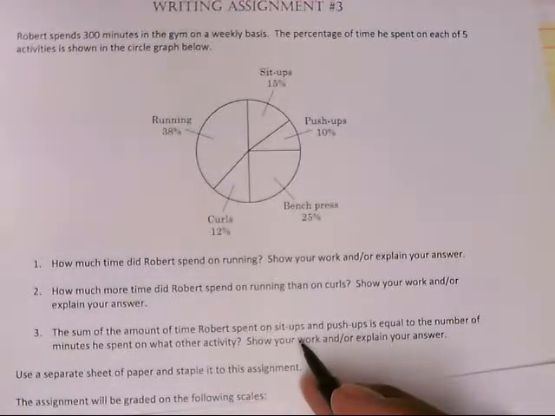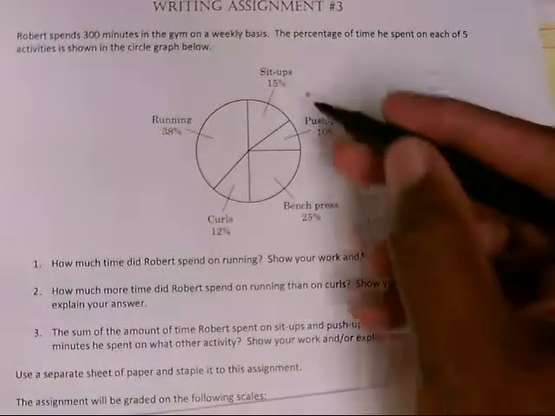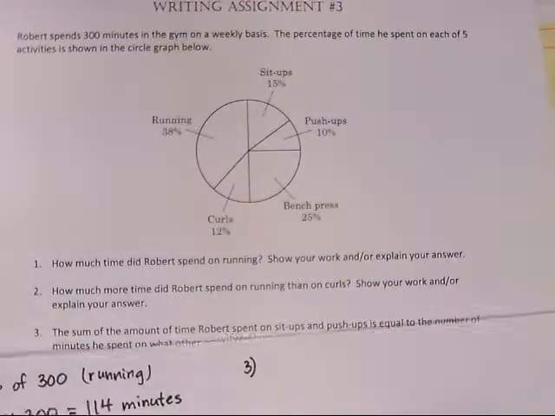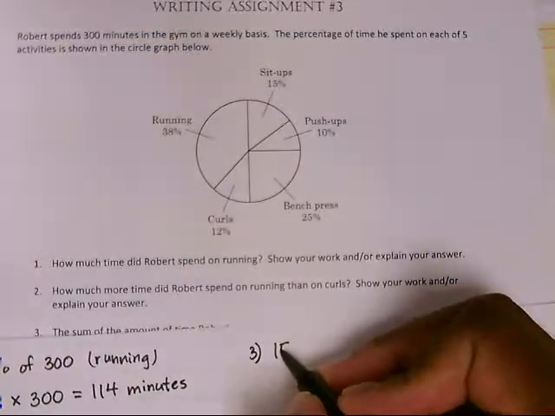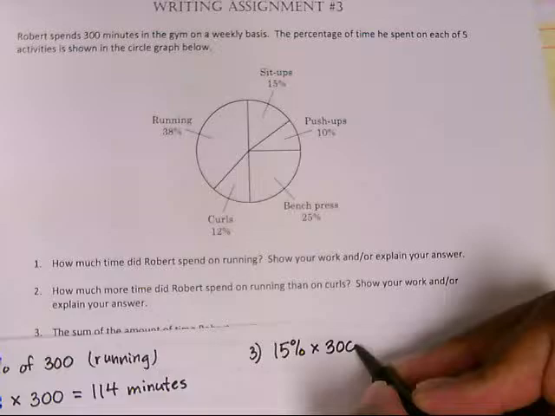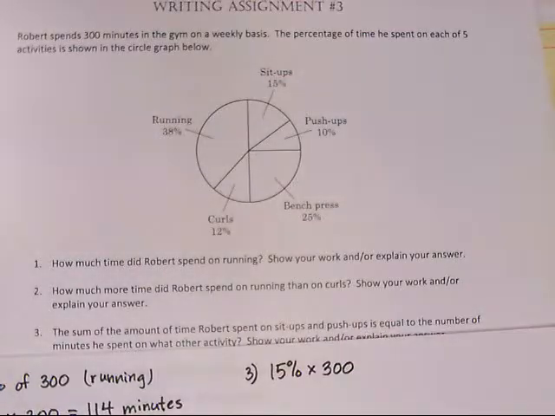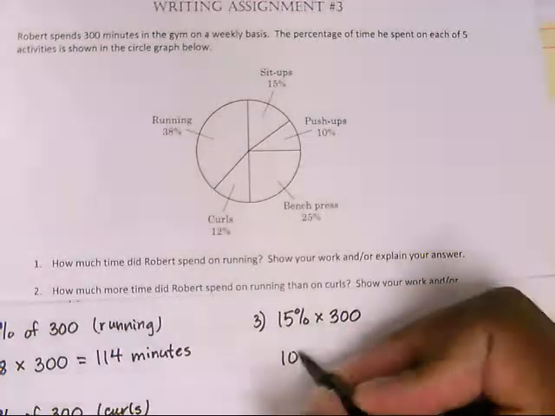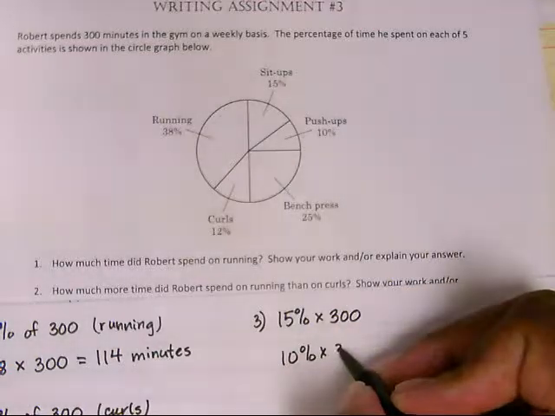The amount of time he spent on sit-ups and push-ups. Well, sit-ups he spent 15% of that time, and that's 300. And push-ups, he only spent 10% of that time, which is 10% of 300.